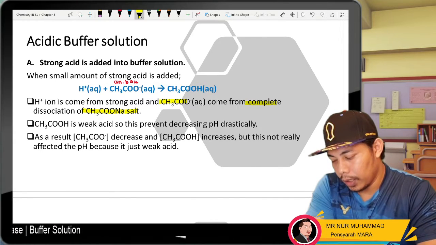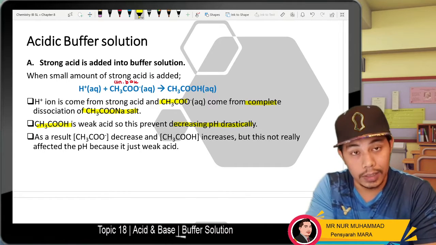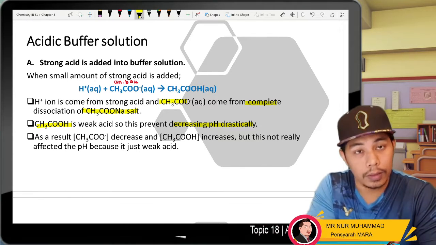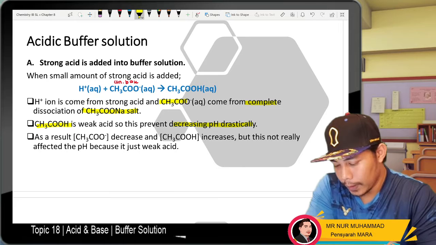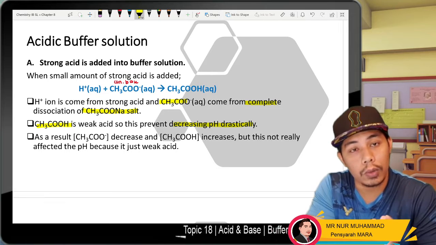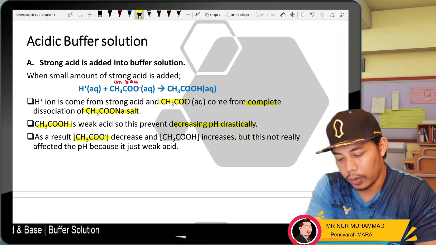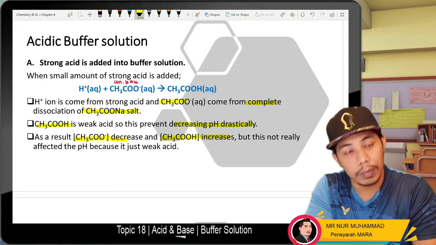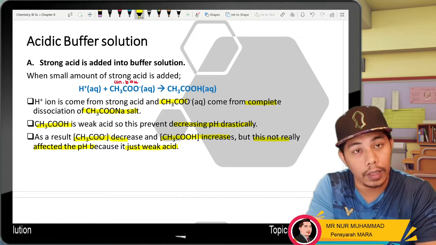Even though the product is still an acid, it is a weak acid. Remember that a weak acid does not affect the change of pH much, so it is better to produce a weak acid rather than a strong acid. As a result, the concentration of ethanoate ion decreases and the concentration of ethanoic acid increases, but this does not really affect the pH because it is just a weak acid. Okay, class?